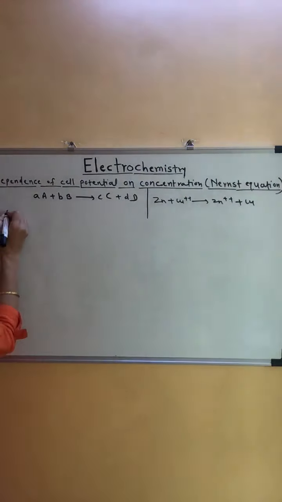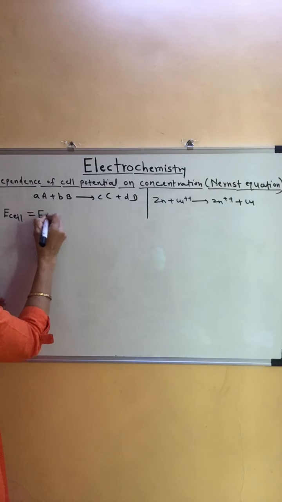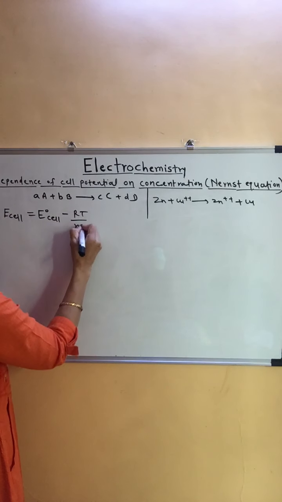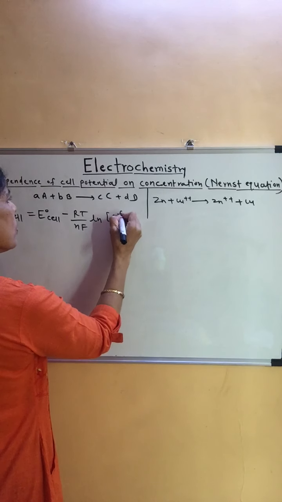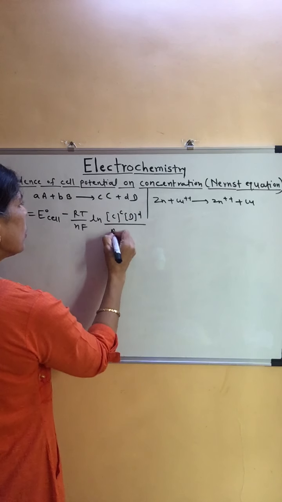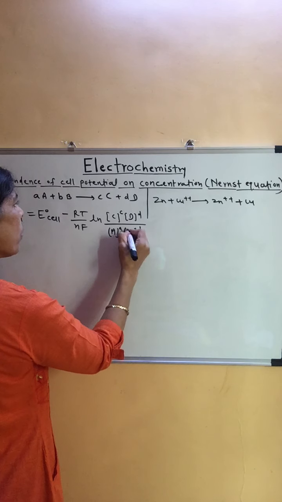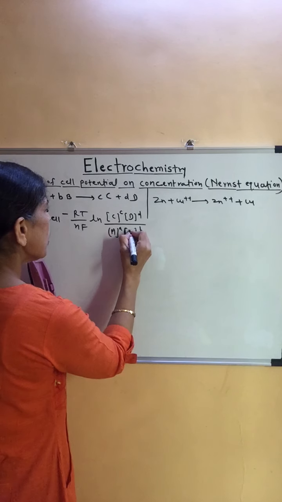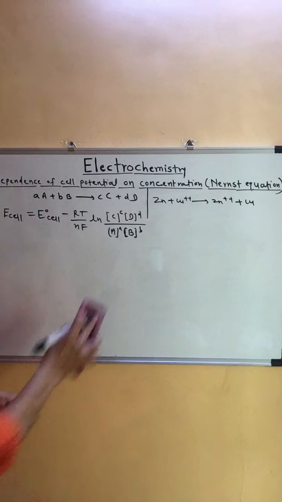E cell is equal to E naught cell minus RT upon nF ln. See, these are the concentrations of reactants and products written in square brackets. So [C] raised to c into [D] raised to d upon [A] raised to a into [B] raised to b.